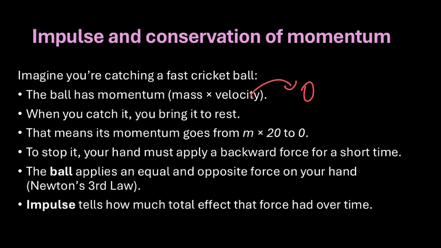So the momentum goes from m times u, according to the question, to m times 0. To stop it, your hand must apply a backward force for a short time. The ball will apply an equal and opposite force on your hand. Why? Newton's third law. Impulse will tell us the total effect the force had over time.